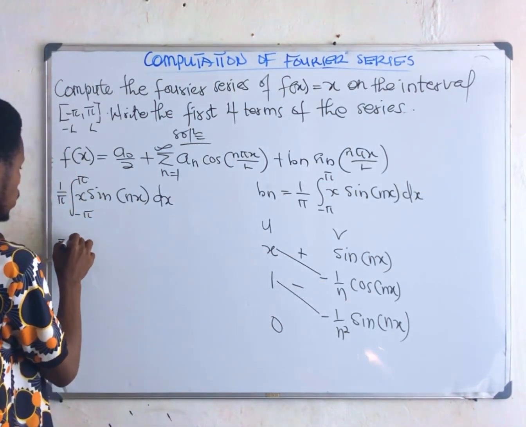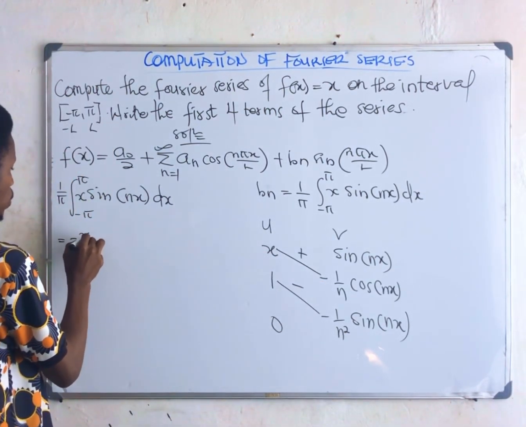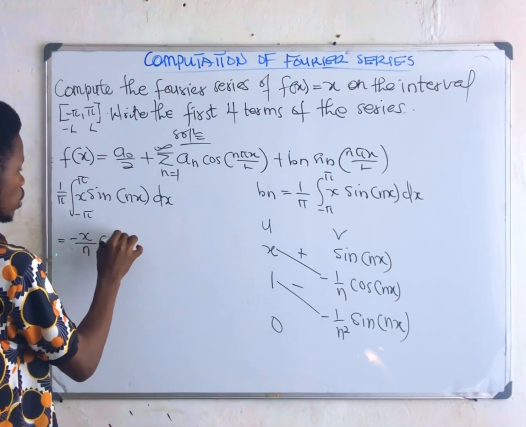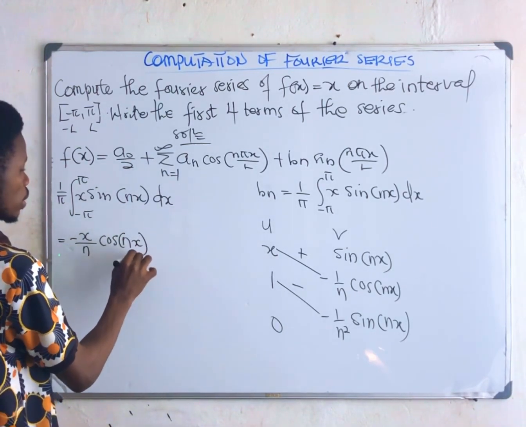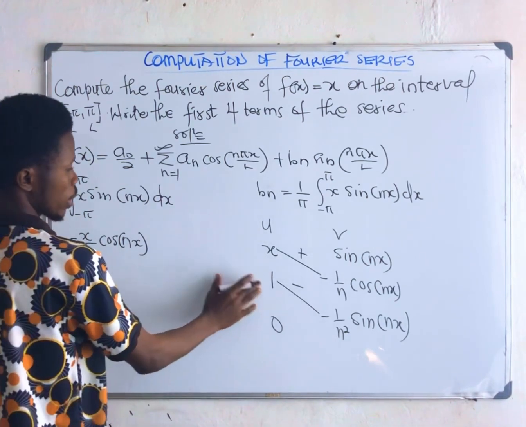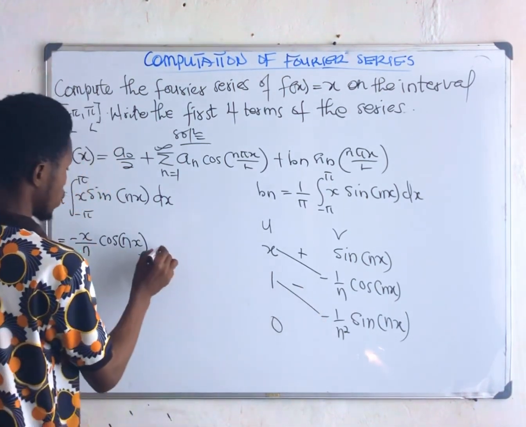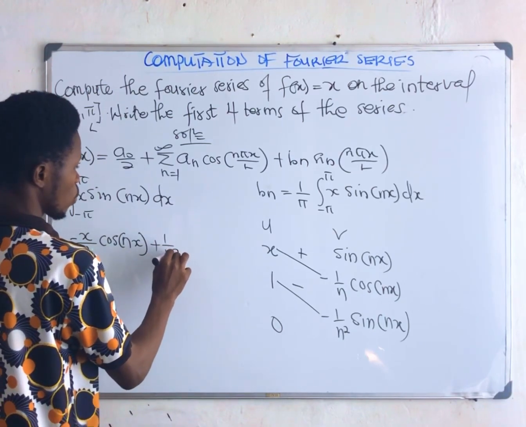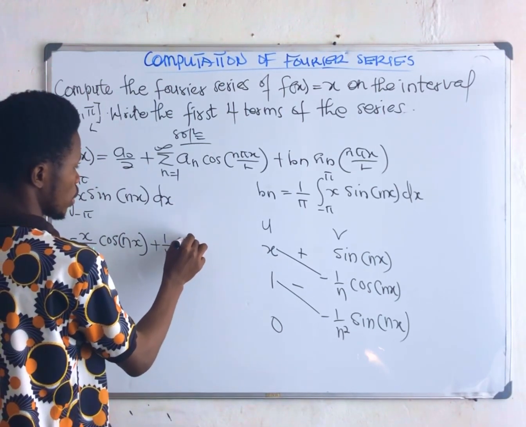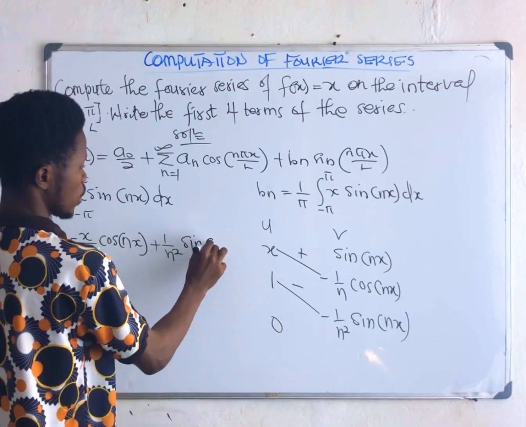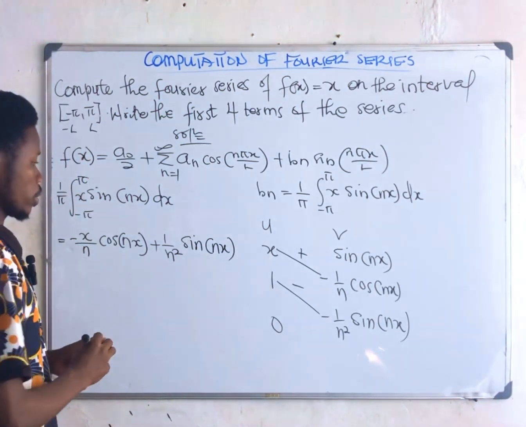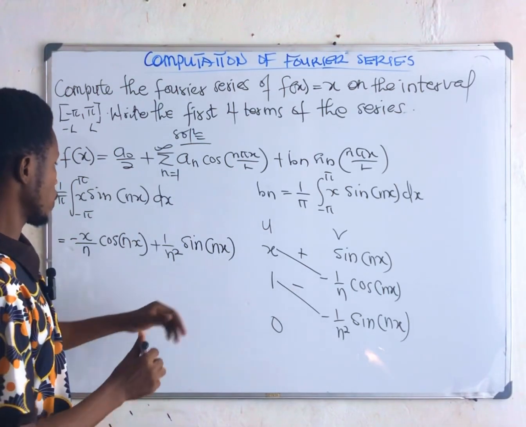That gives you negative x over n cos nx, okay? Then 1 times this one, negative times negative, that gives you positive 1 over n squared sine nx. Is that all right? Good. So this is what we have.